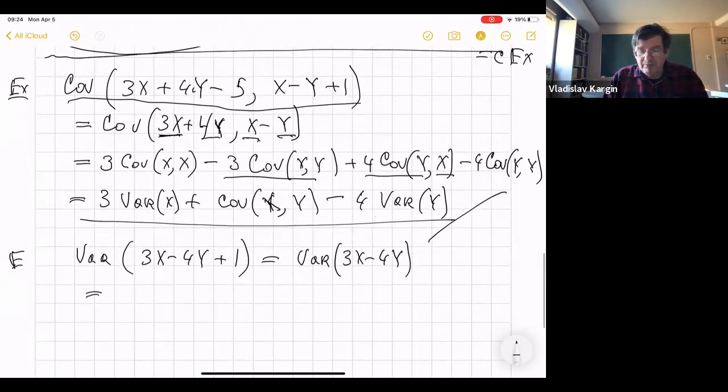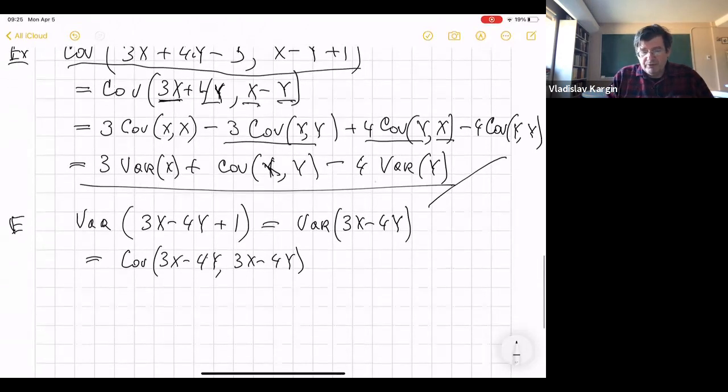After that, you can immediately write it down, but to see what's happening, it's equal to the covariance of 3x minus 4y with itself, 3x minus 4y.